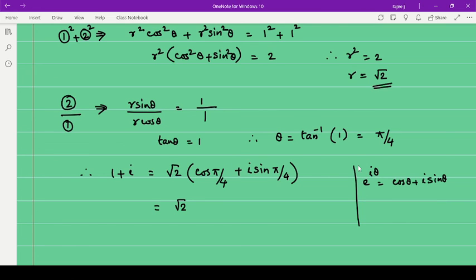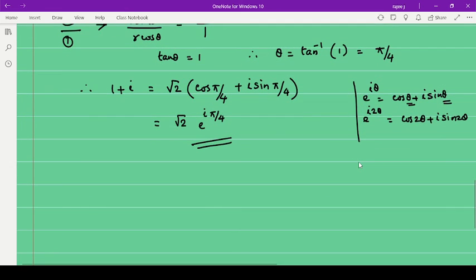If it is e raised to i 2 theta, then this will be cos 2 theta plus i sin 2 theta. In the same way, here theta is pi by 4, so I can write this as root 2 into e to the power i pi by 4. This is the exponential form.